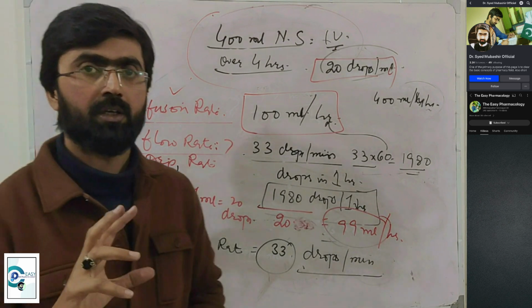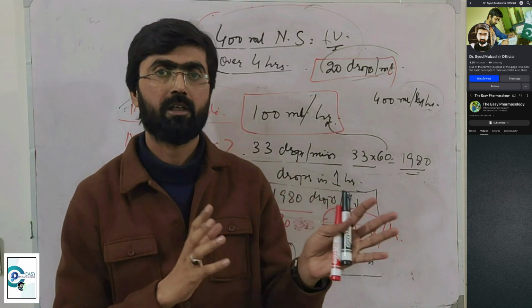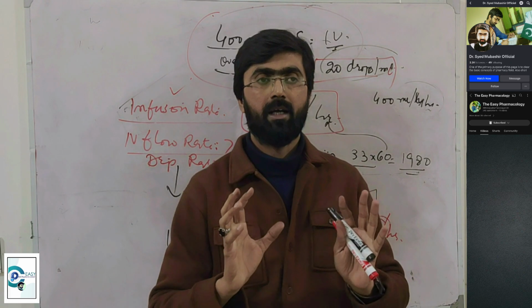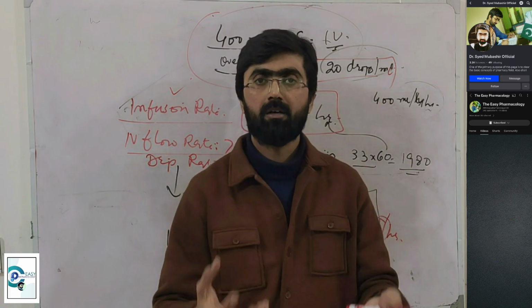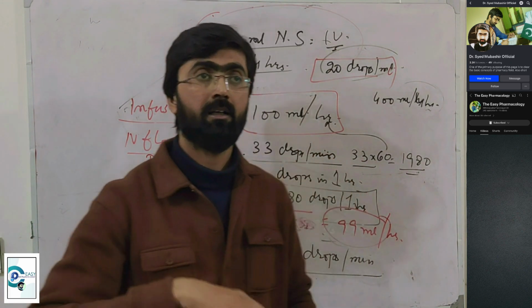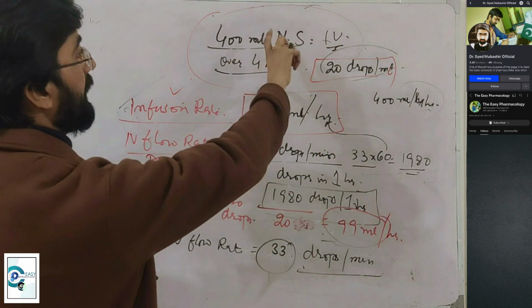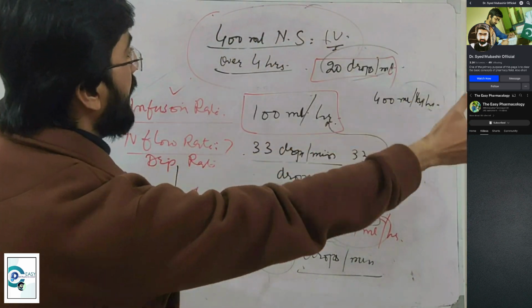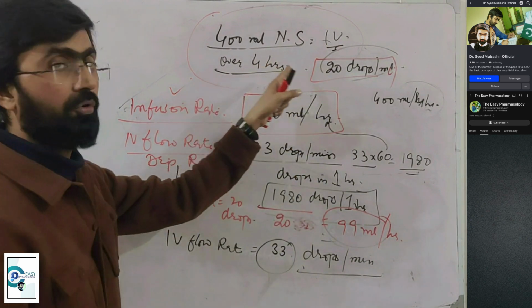You just have two sides to calculate. If you are given any query, any prescription, any order from the doctor's side, and the scenario of the prescription is like this one, 400 ml normal saline, and you have to give over 4 hours.